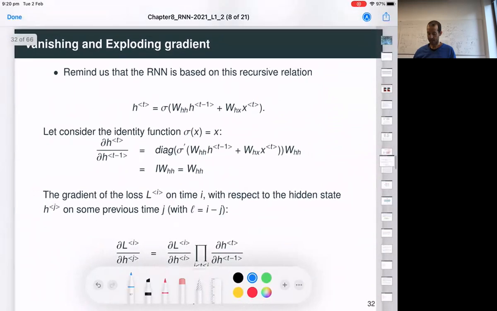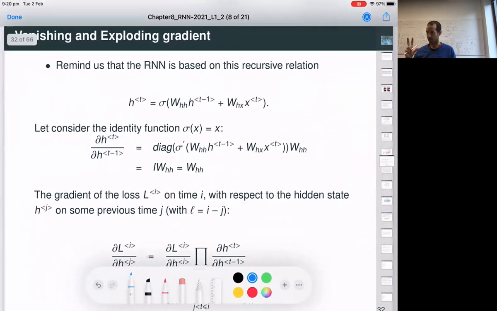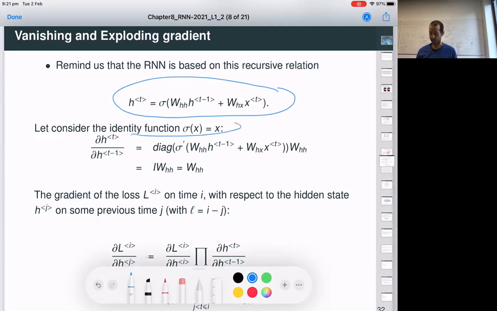The RNN is well known to have a vanishing and exploding gradient problem. So I remind you that our key relation in the RNN is this key relation. Now, just to get the intuition about this, consider that the activation function used is identity. It's just to simplify the derivation.